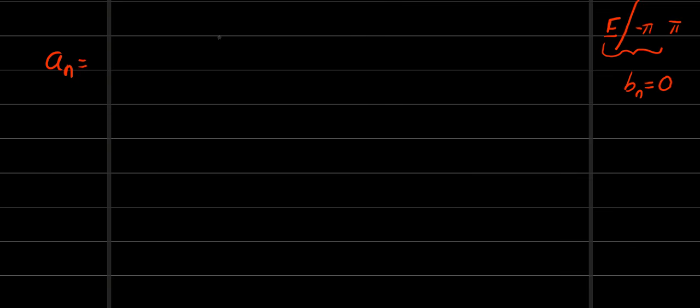And advantage number 2, instead of writing the limits from minus pi to pi, we will simply write 0 to pi. But it will be 2 by L, which is pi. And f of x is x into sin x, and cos n pi x by L, which simplifies to cos nx.